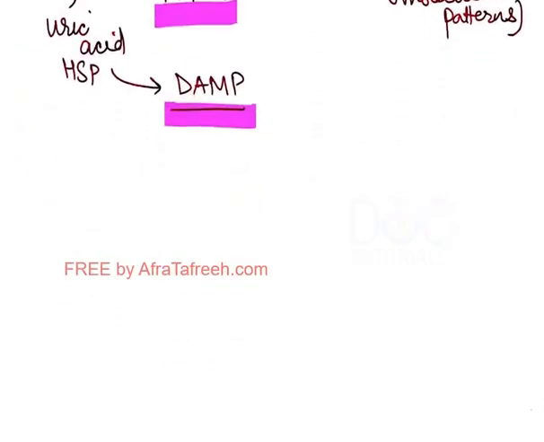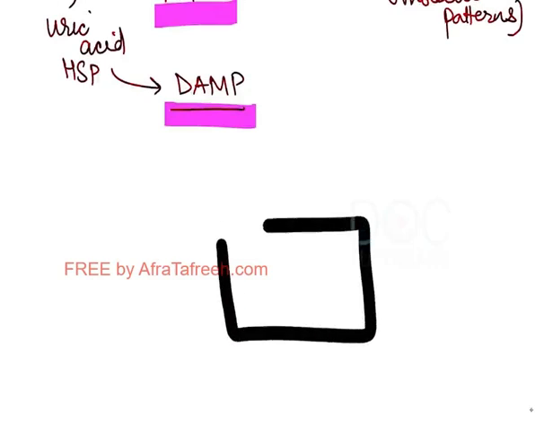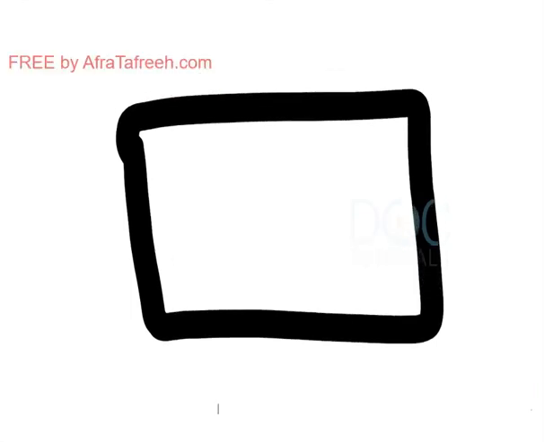Every innate immunity cell, let's say I am drawing this innate immunity cell, has certain receptors for identification of these PAMPs and DAMPs. First we are talking about PAMPs. Every cell on its surface has receptors which are called toll-like receptors.